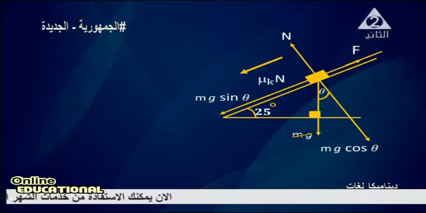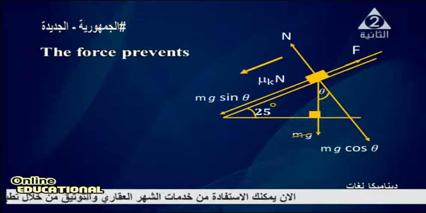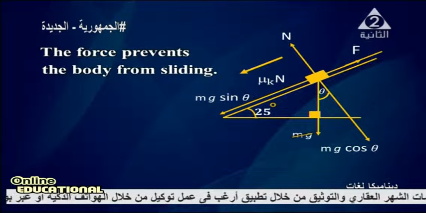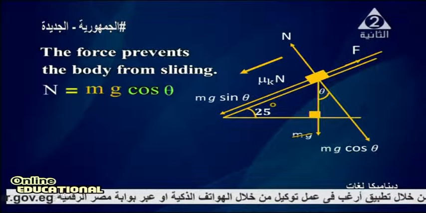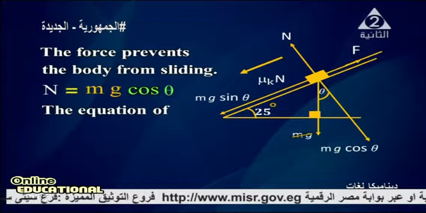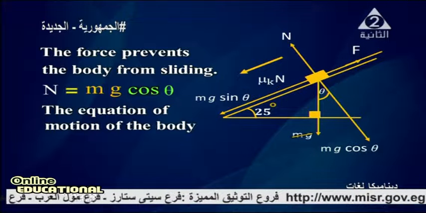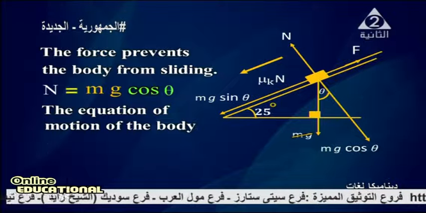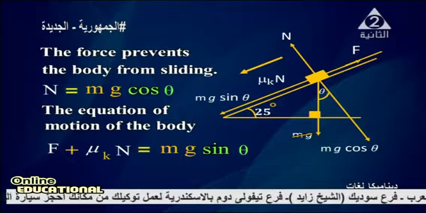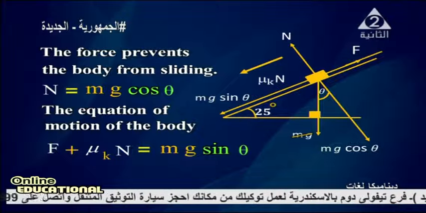Now, the third case, the force prevents the body from sliding. We know that N equals mg cosine theta. The equation of motion of the body in this case is F plus mu N equals mg sine theta.